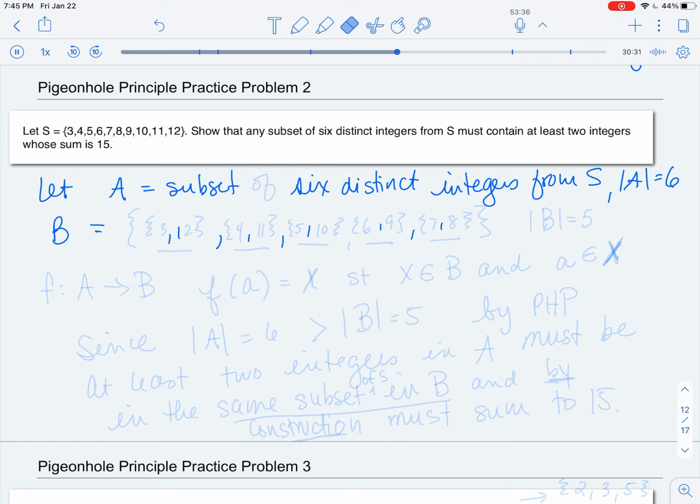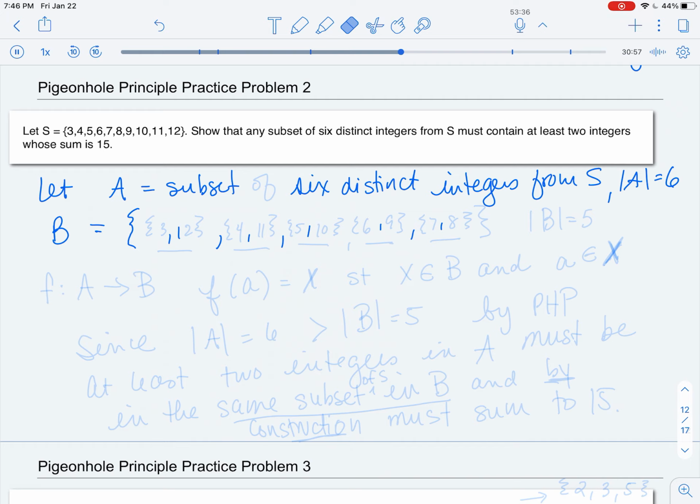So I'm basically creating my pigeonholes, and I forgive myself for not using angle brackets, but I created those pairs, and if I was more precise, you can use the angle brackets for the ordered pairs. So I create my pigeonholes to be the pairs of numbers from the original set S that sum up to 15.